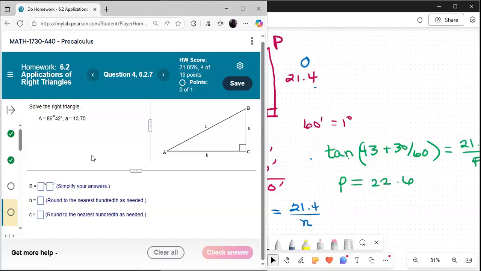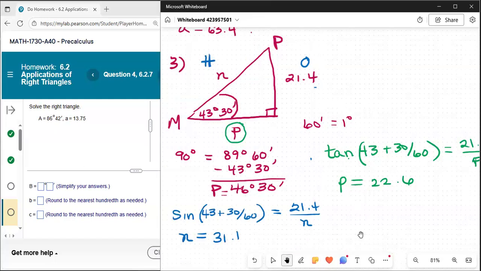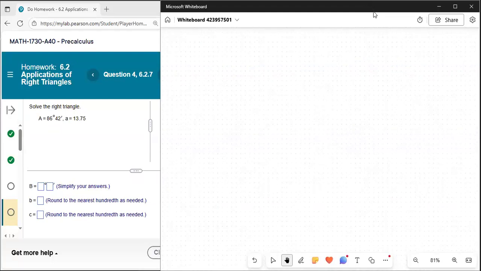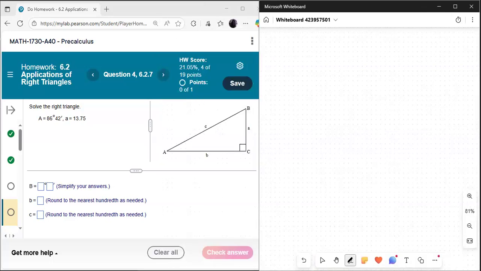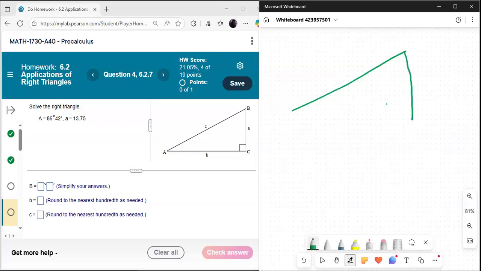So to find the angle B, let's go ahead and sketch this. Okay, so let's see.